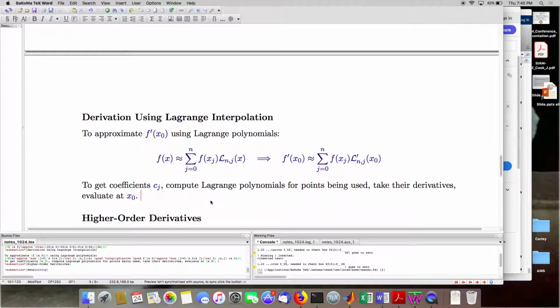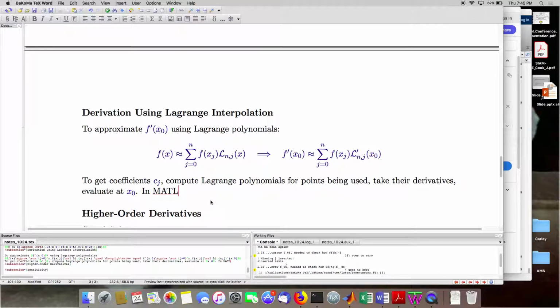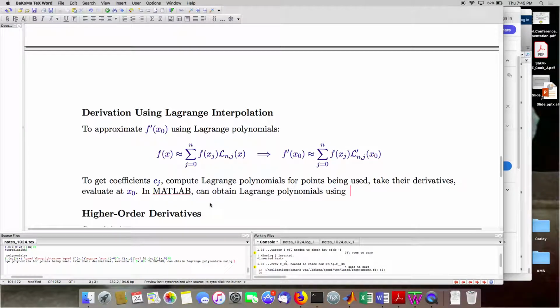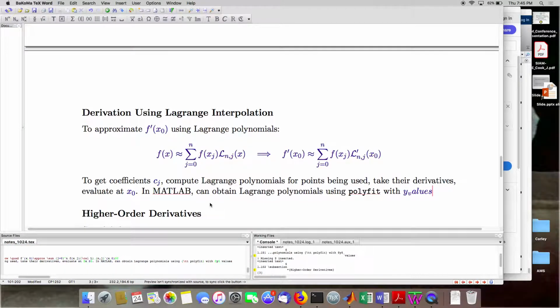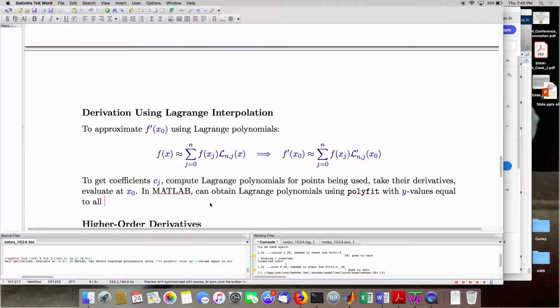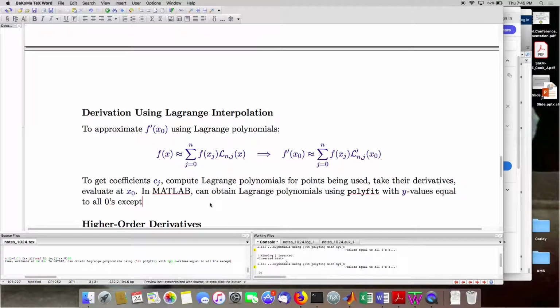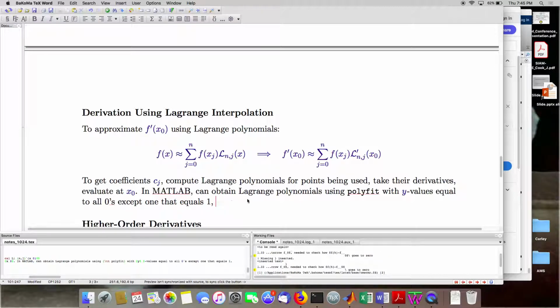Okay, so in MATLAB, you can obtain Lagrange polynomials using the MATLAB function polyfit with y values equal to all zeros except one that equals 1, because that's the definition, or main property, of Lagrange polynomials.